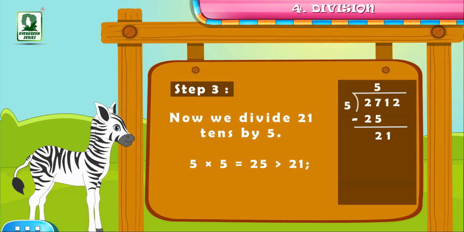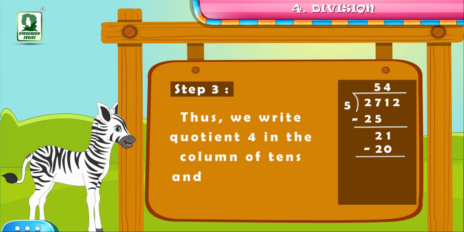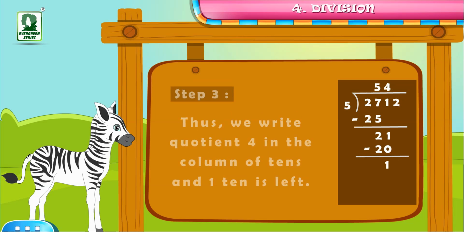Then we will multiply 5 with a number less than 5, that is 4. So 5 multiplied by 4 is equal to 20, and 20 is less than 21. Therefore, we will write 20 below 21. Thus, we write quotient 4 in the column of tens and 1 ten is left.